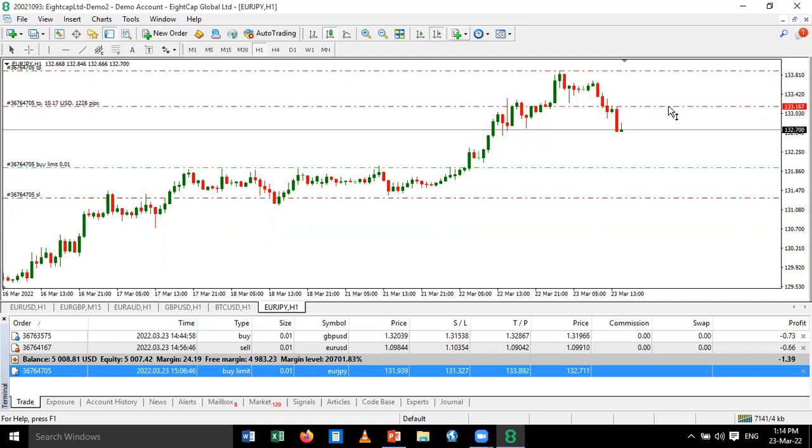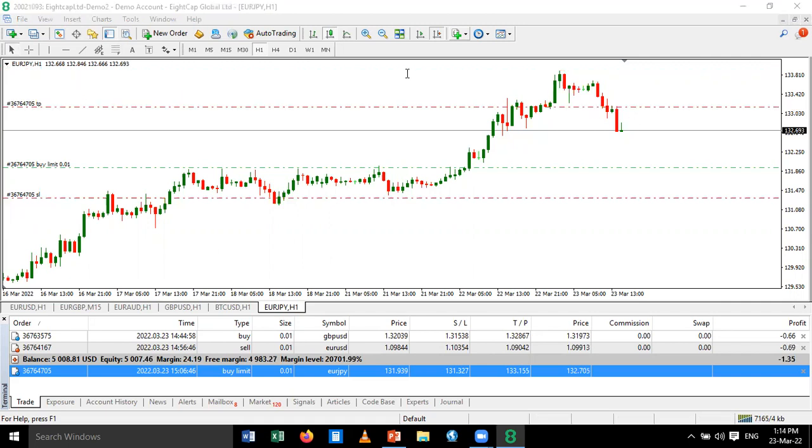Now recall that for the instant execution, I modify my stop loss and take profit directly from my chart. But for pending order, I have to go back to modify and do that. So I've just done my stop loss and take profit. Take profit is right here.